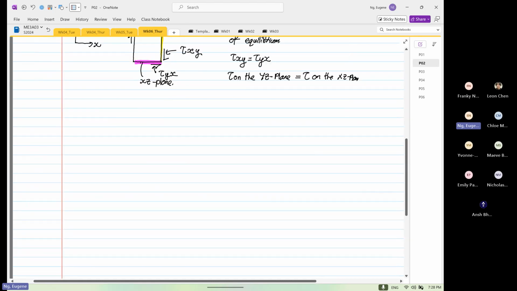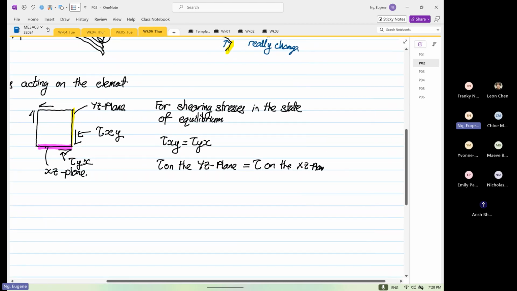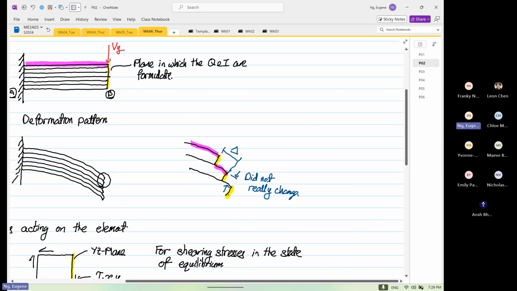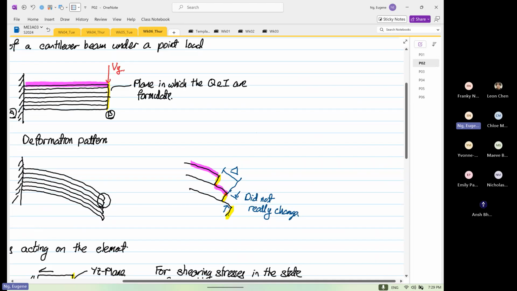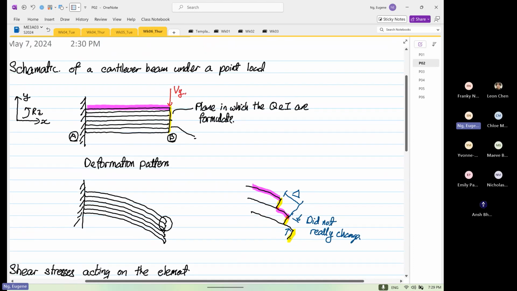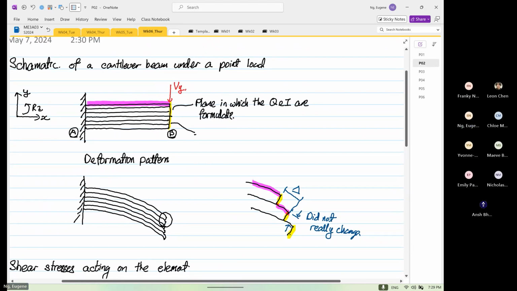For this reason alone, when we calculate the first moment and second moment of area, we calculate on this plane over here, which is our YZ plane.